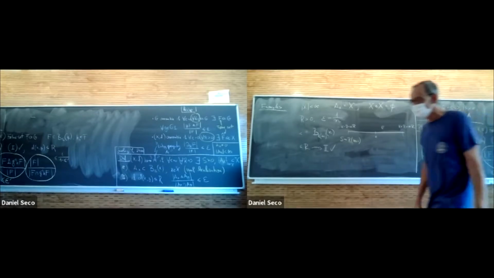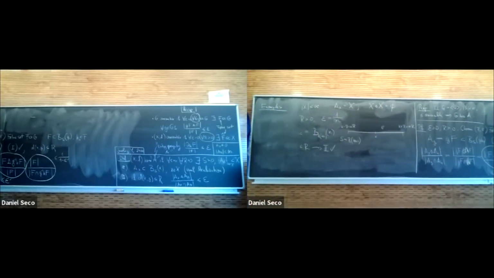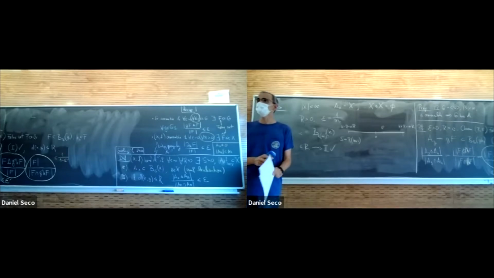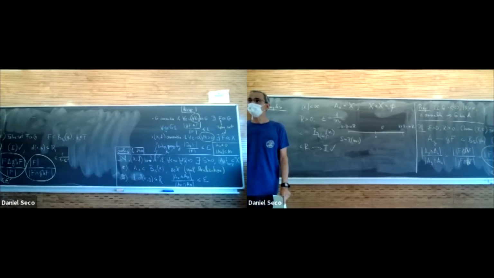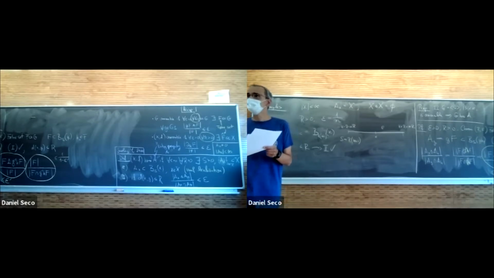Property A is one of the exercises. It goes to subspaces. So if you have a space with property A, and you take a piece of it, it also has property A. Not everything is stable under sub.